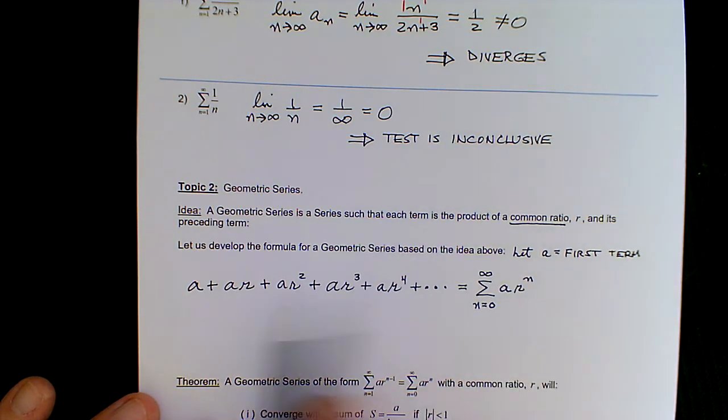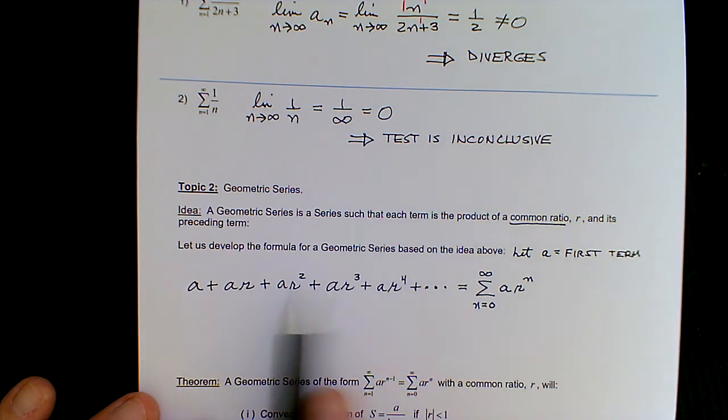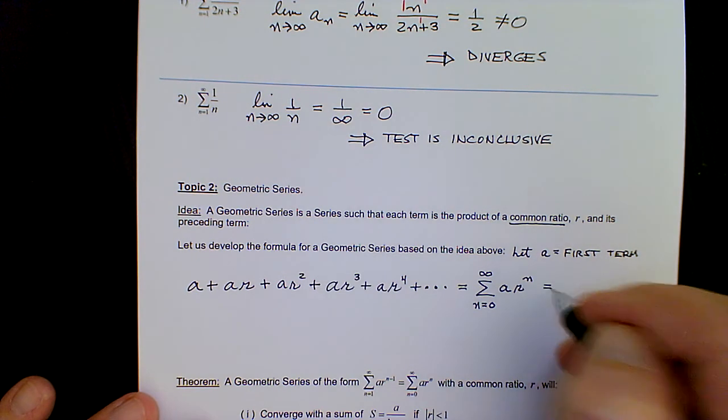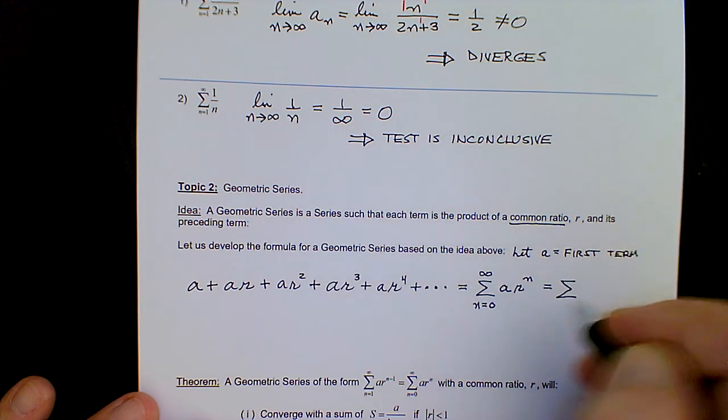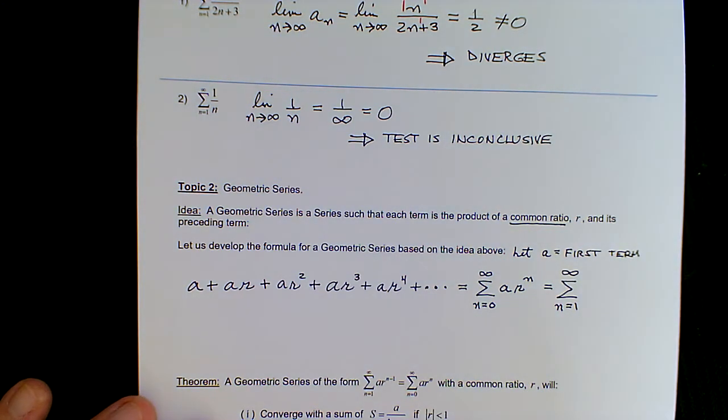Another representation that is often used is to start at an index of 1. And if you start at an index of 1, in order for the first term to be a, the power on r cannot just be n.